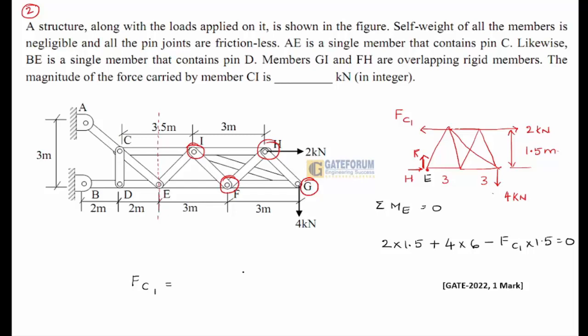From here, FCI will be equal to 18 kilonewton. This will be the answer for the given question. 1 mark, simple question this is. Moving to the next question.